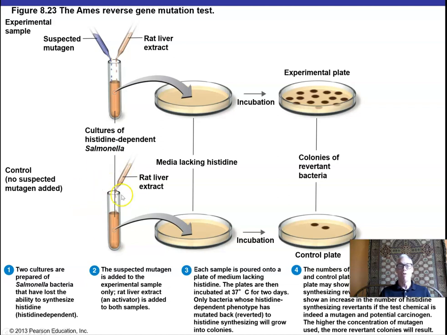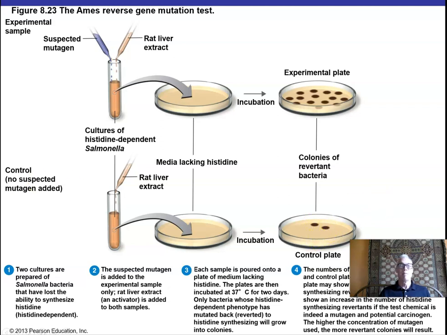And this is just a control down here showing that it was the mutagen that did this, because rat liver extract plus those experimental salmonella can't grow on His minus, except for a couple of colonies where a spontaneous mutation occurred that caused the experimental bacteria to revert back to their natural form in which they could grow on His minus media.